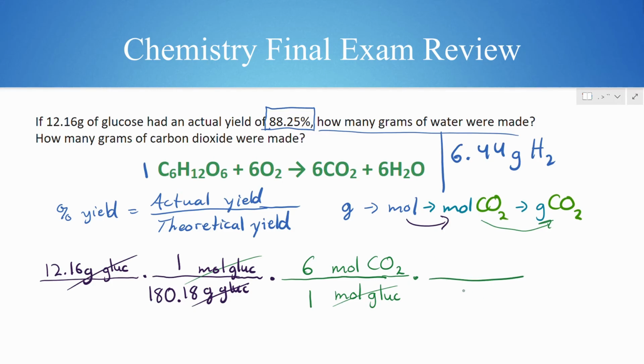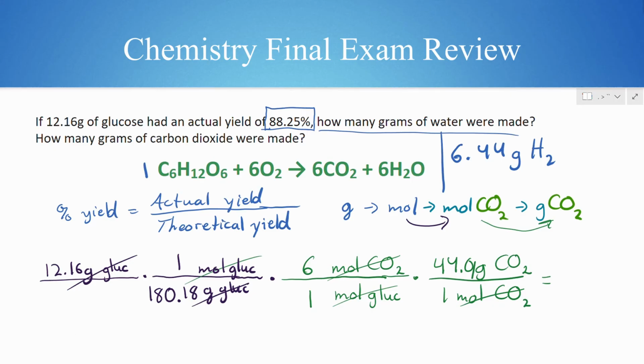So in 1 mole of carbon dioxide, we're going to have a number of grams of carbon dioxide, 44.01 to be exact. Now, moles of carbon dioxide cancel out, and we can multiply straight across to get our number of grams of carbon dioxide, and this will be theoretical yield.